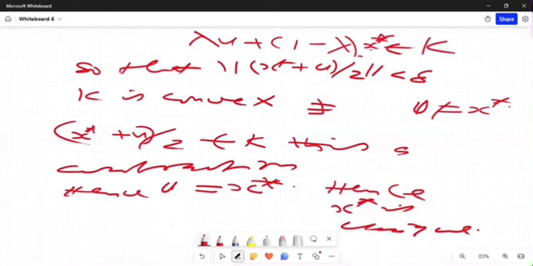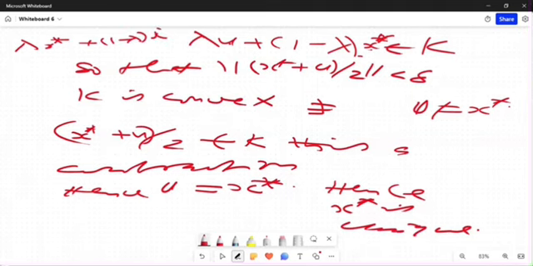If X star and U is the same, what you now have is that lambda X star plus 1 minus lambda X star, because they are the same now, so you can factor out X star, which is common.